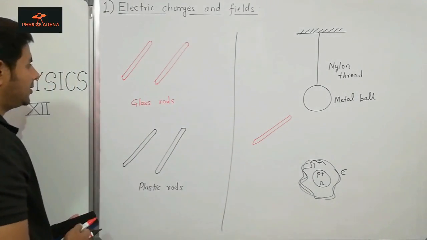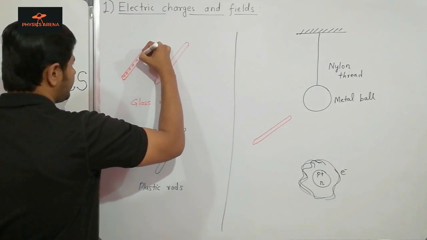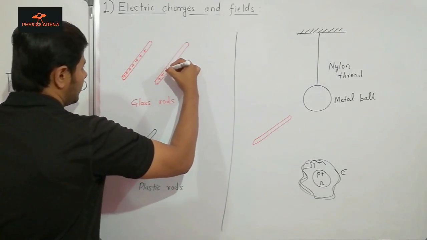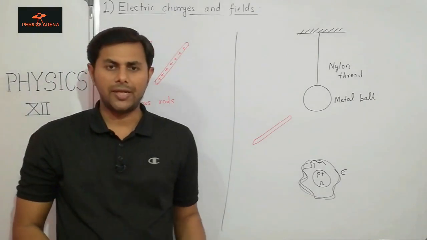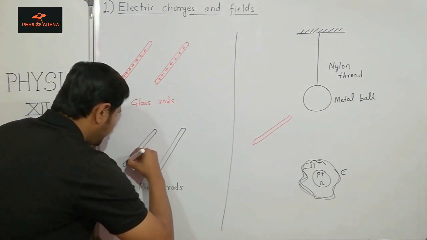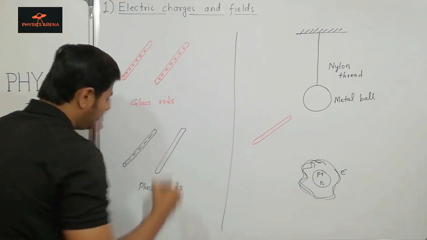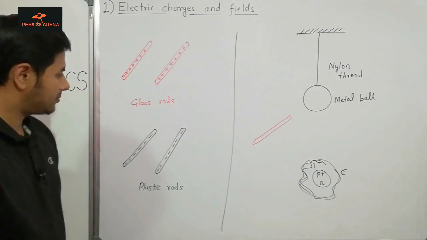So the charges on these glass rods are positive because they lose electrons, and charges on plastic rods rubbed with animal fur are negative because they gain electrons.